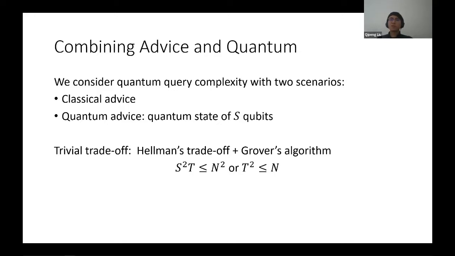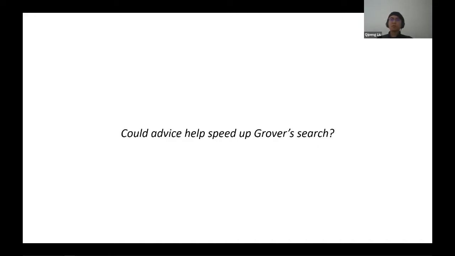That is, given the parameters s and t, one can choose to use either Hellman's or Grover's, depending on the parameters. Notice that Hellman's trade-off is a classical algorithm using only classical advice, and Grover's algorithm does not even use any advice. So in this algorithm, advice does not help speed up the quantum part. Therefore, we consider the following question. Could advice help speed up Grover search?